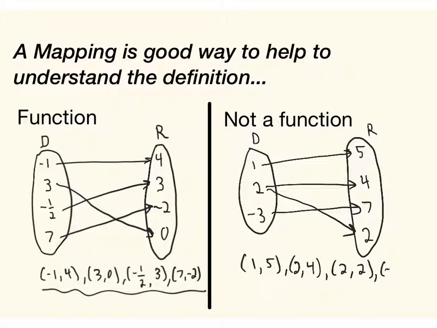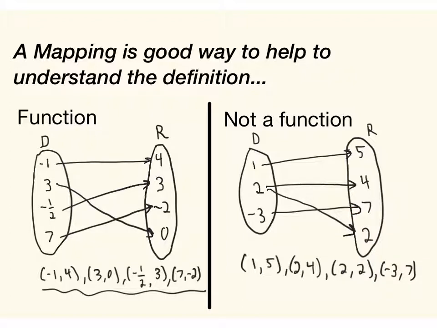And if you will notice, the connection from 2 has two arrows coming from it. So from 2, we have a connection to 4, and from 2, we have a connection to 2. Now that is the only one that is happening. The other two values are very simply connected to a single output value.